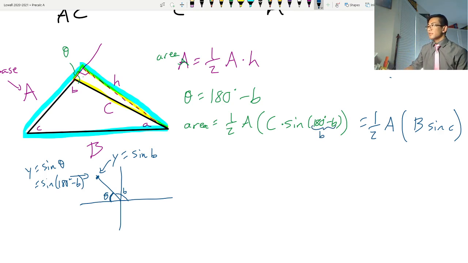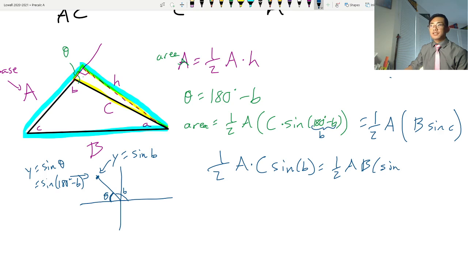Okay. So if I clean this up now, we can see 1/2 AC sine of B is equal to 1/2 AB sine of little c. We can do what we did before.